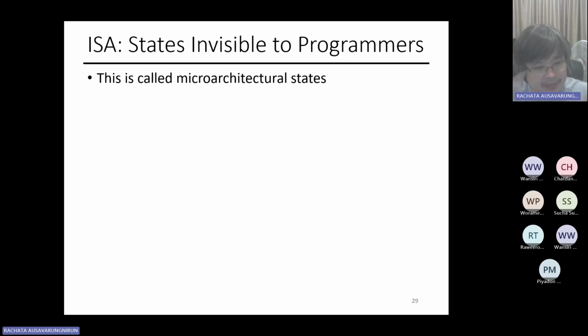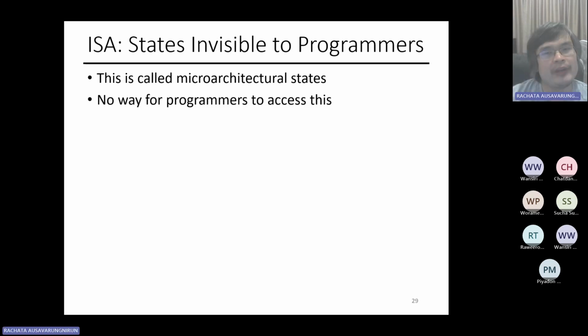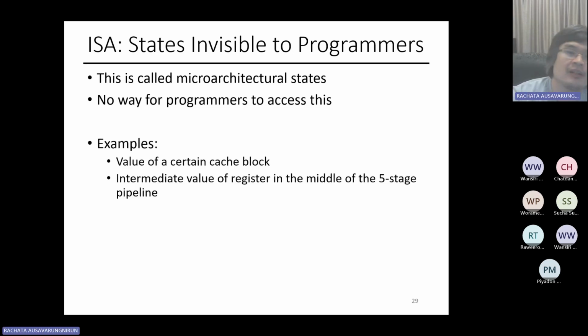These are things that are happening inside a computer, and these are not exposed to the programmer. There's no way for the programmer to access things like the value of certain hash blocks or the intermediate value of your register in the middle of the execution.